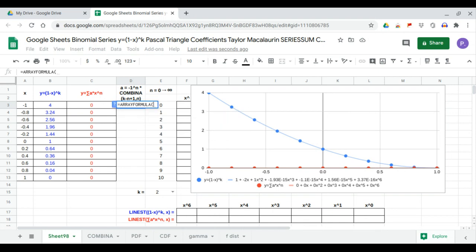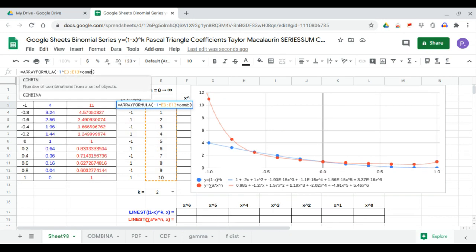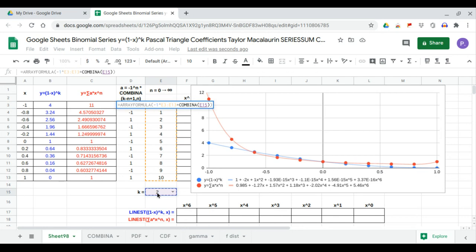So array formula, negative 1 to the power n times COMBIN. Inside the COMBIN will be k minus n plus 1, comma n.